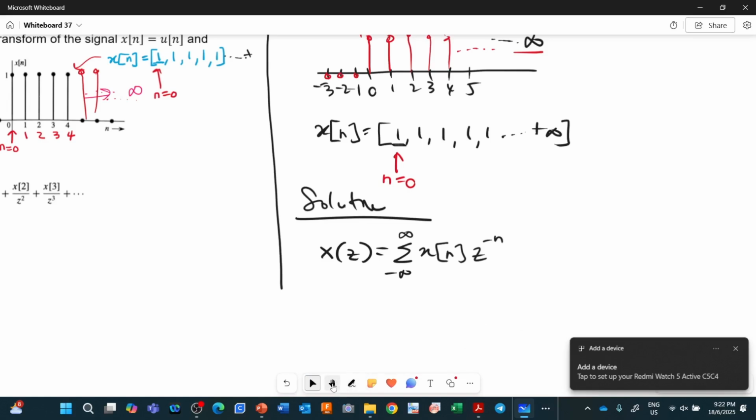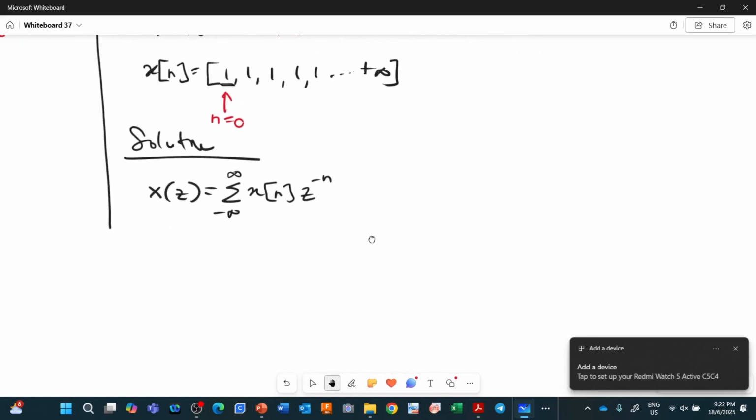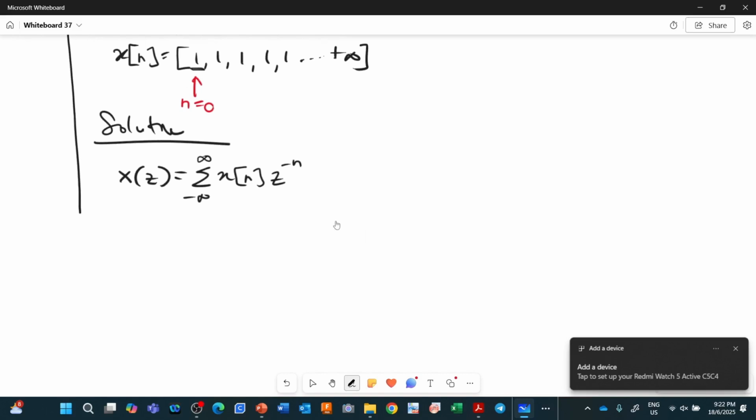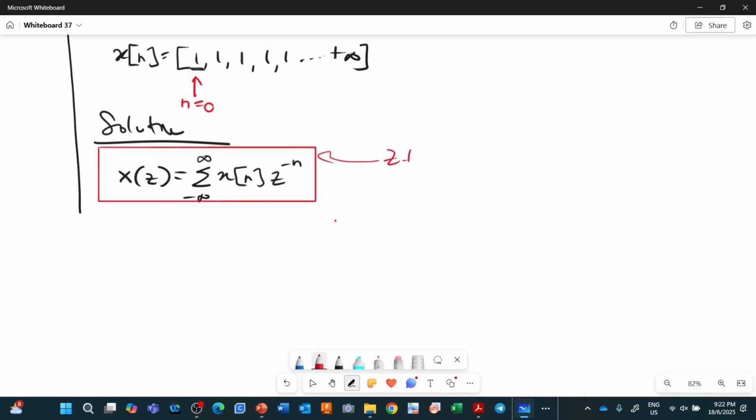This one is the z transform equation. Okay, correct? Check please.